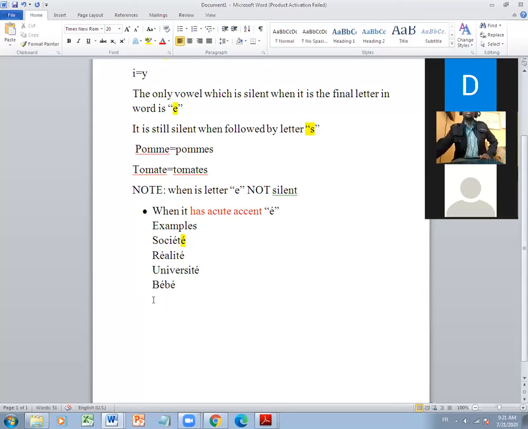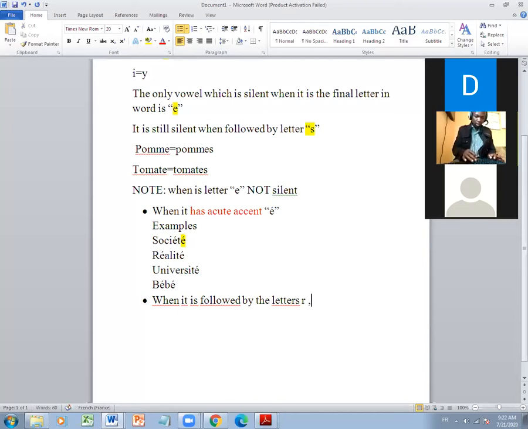Then the second point now, when it is followed by the letters R, Z, T. Suppose use comma, Z and T. I'm using my keyboard, I've changed it in French, so I keep on balancing the two languages.